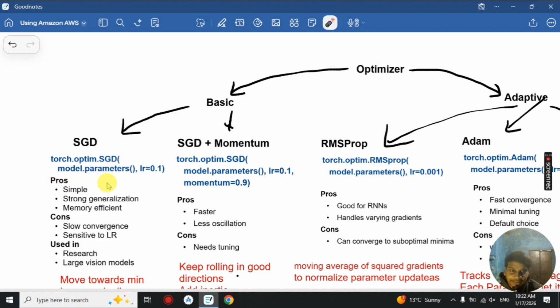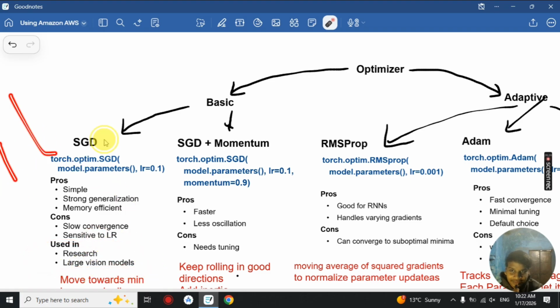Here the SGD is very simple, has very strong generalization, and is very memory efficient, okay. But the con is that it has very slow convergence, okay, and it is very sensitive to our learning rate, and it is used mainly in research or large vision models, okay.